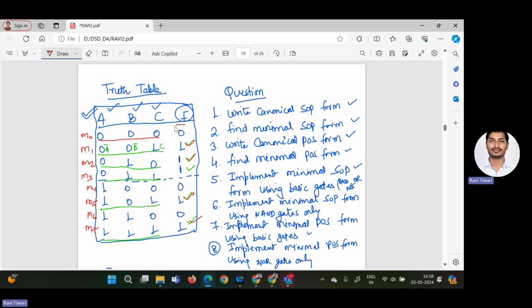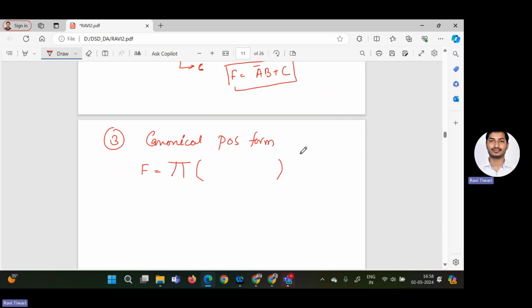So here it's 0, that means 0, 4 and 6. In the canonical POS form, 0 represents the normal form and 1 represents the complemented form.